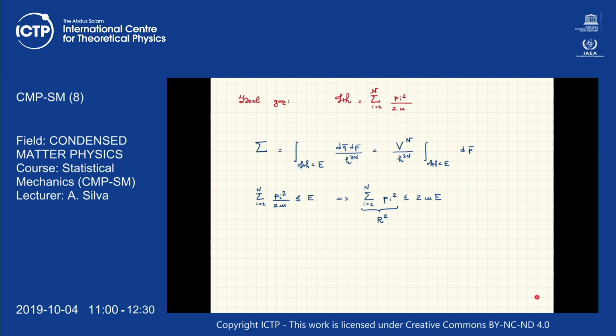So if I think about this integral as an integral in multidimensional spherical coordinates or whatever, this integral here is defining the volume of a sphere of radius square root of 2m times e in how many dimensions? 3n dimensions.